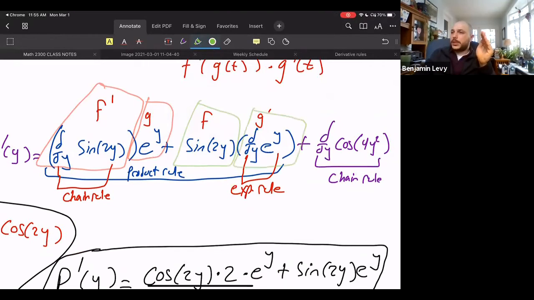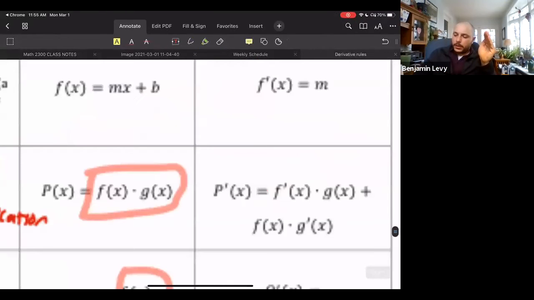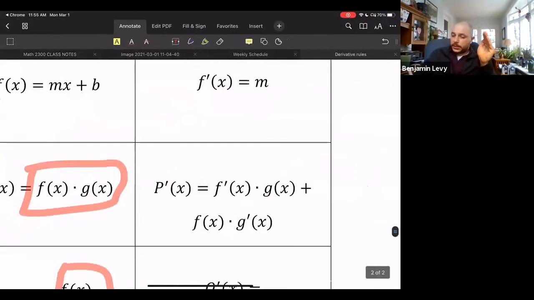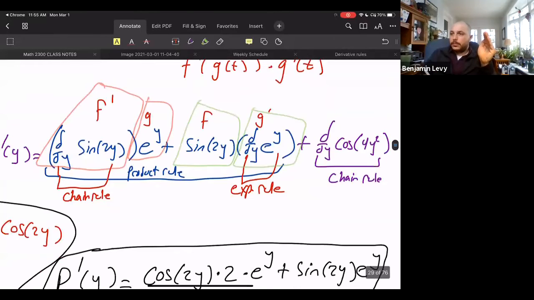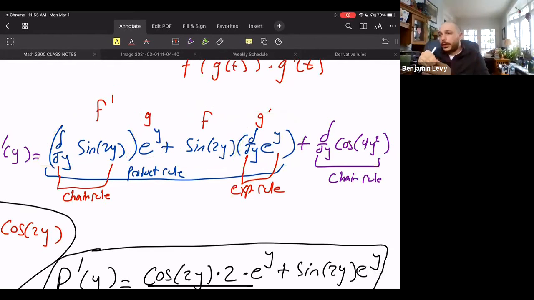That's what the product rule says. Maybe I'll flip one more time, but this is exactly what it says right there, mapping it out on this problem. And then we start to go inside there and think about, what are those individual derivatives? What's the f prime? What's the g prime? And start to think about what rules apply to each one of those cases.